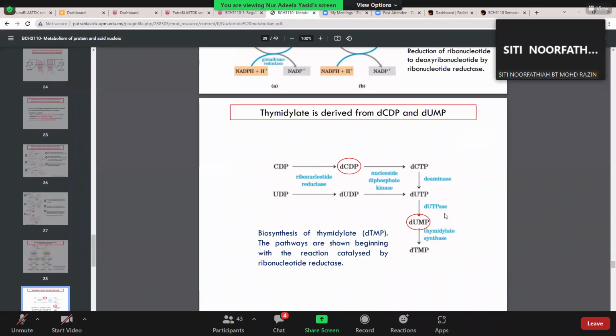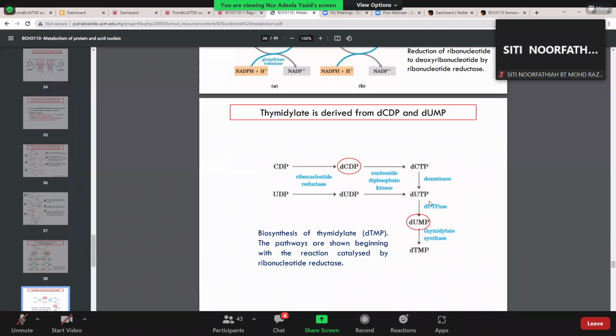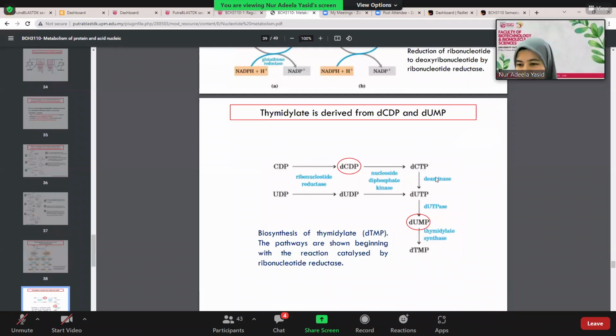Doktor tak dengar? Okay, cells need to minimize their concentration of DUTP, betul?